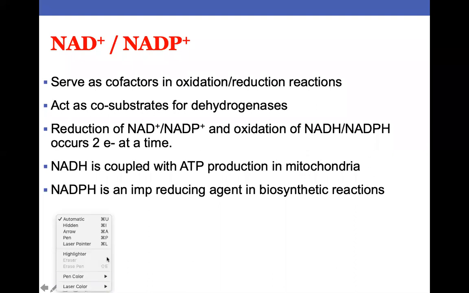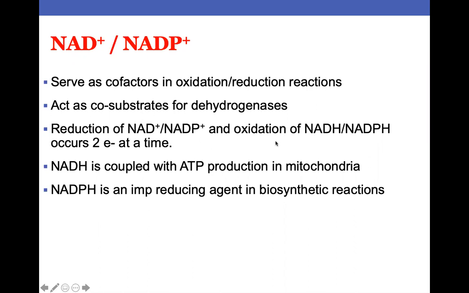What's happening is that I have NADH and I use a dehydrogenase to remove the hydrogen to convert it to NAD plus. So if you ever get confused and wonder what the enzyme associated with NAD plus is, as long as you remember that the initial form of NAD plus is NADH, you'll be able to remember, oh my gosh, H for hydrogen, and I need to remove the hydrogen to make it into NAD plus. So the enzyme associated with NAD plus is dehydrogenase. That should help you remember.